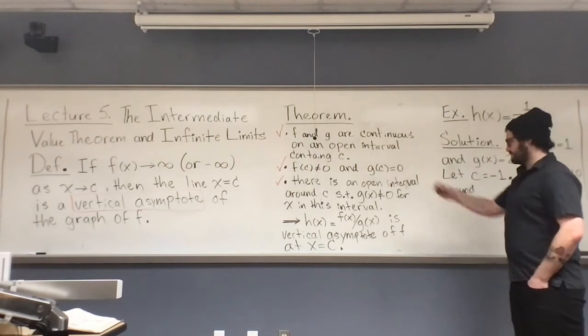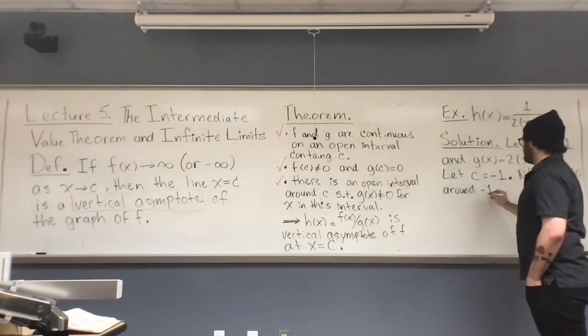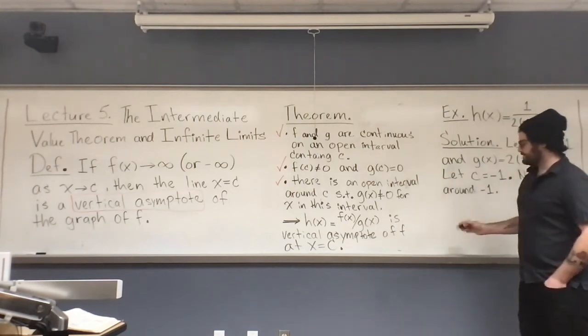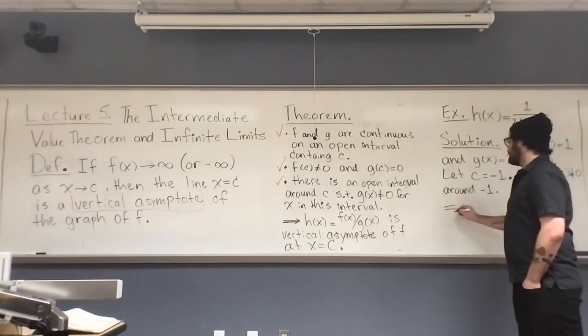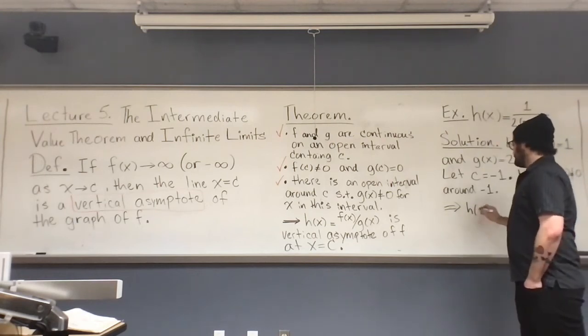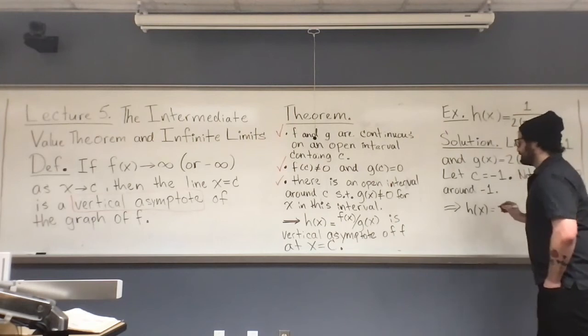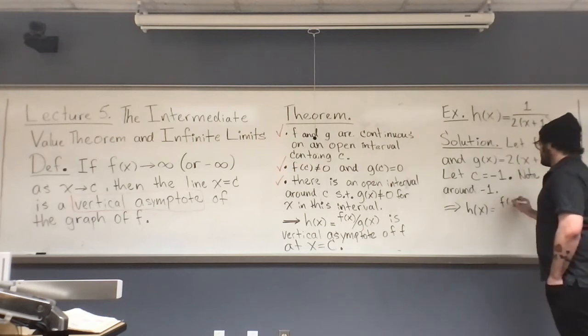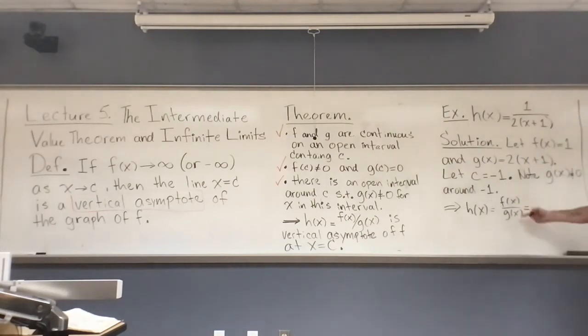That's the same thing as the bullet point there, which implies that by this theorem, h of x equals f of x over g of x. Well, what are those things? I can look back up here and see. It's our original function.